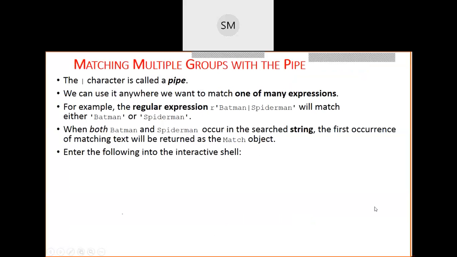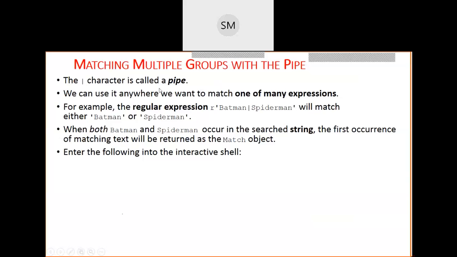Now the next topic is how to match multiple groups with the pipe character. I think we are already familiar with the pipe character from Linux and other subjects. Here, just remember the pipe means or. There may be multiple groups, but any one of those groups will be matched.